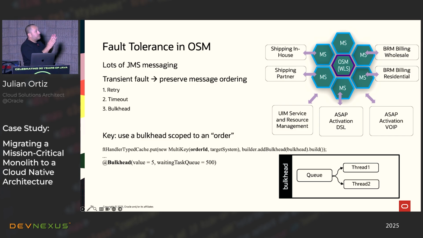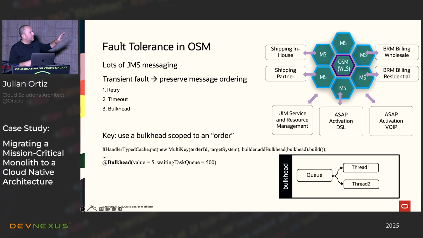So we needed to preserve the ordering. And transient errors affect that ordering quite a bit. You start with the first task, it failed, and then you try to go to the second one, but you have a dependency already. And the messages that you're pulling out from the messaging system have to keep that order. So we use a mix of retry, timeout, and bulkhead.